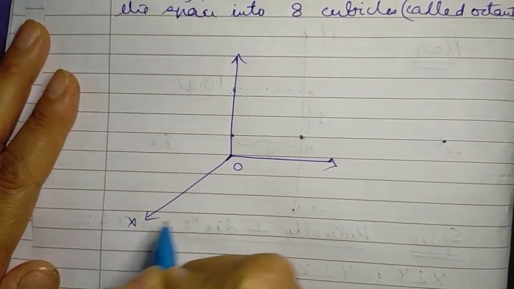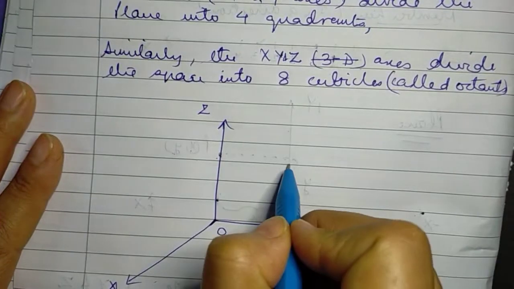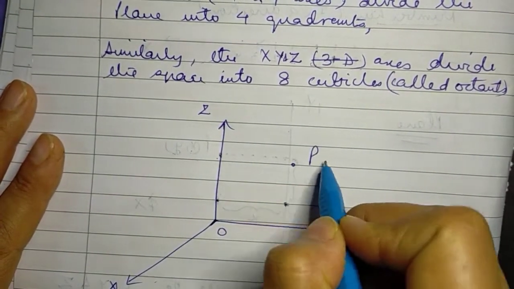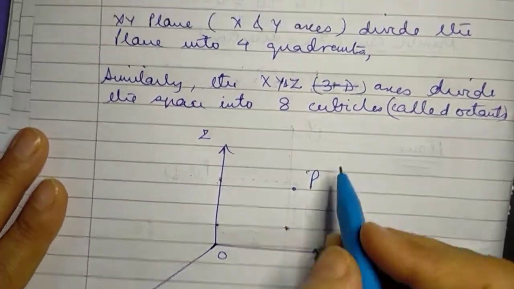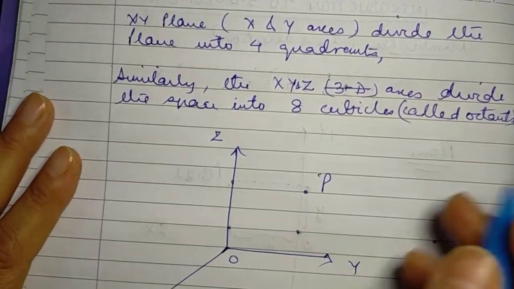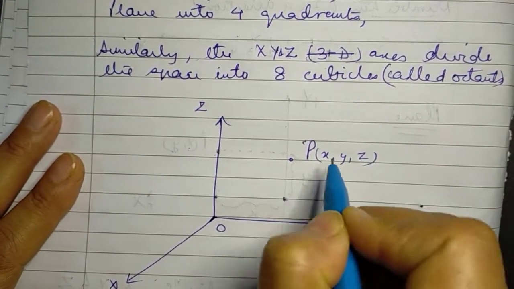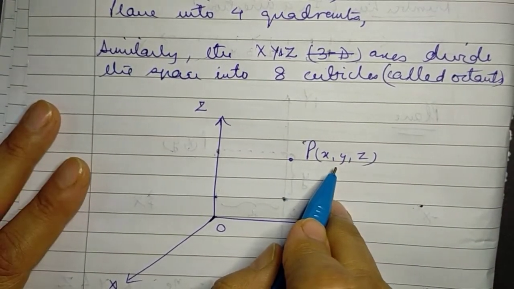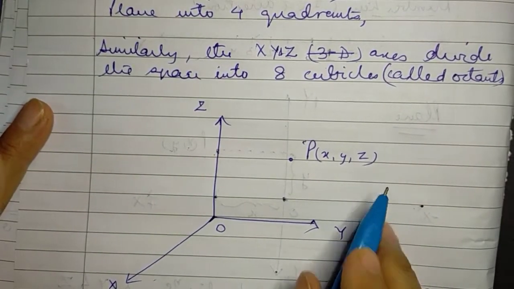This is the x axis, this is the y axis, and this is the z axis. Let us consider P as any point in space. It will have 3 coordinates, x, y and z. What is x, y and z?